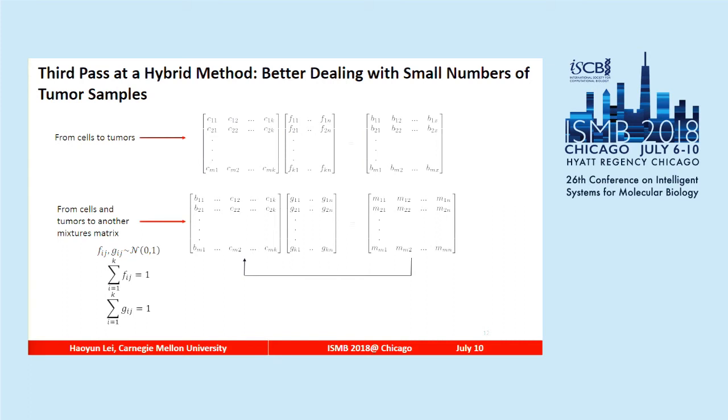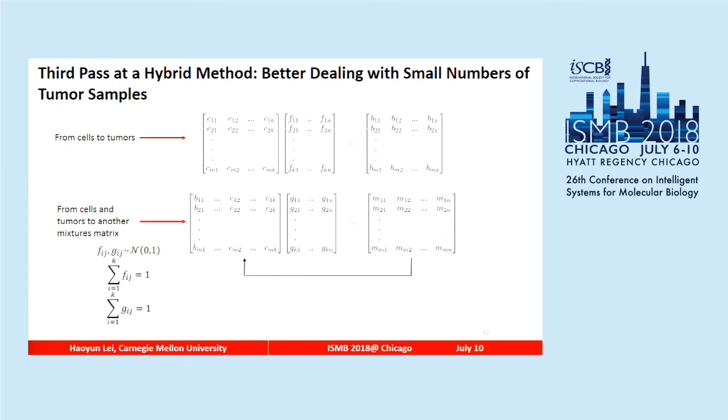Our improved matrix decomposition method for bulk tumor deconvolution can work well on very large-scale data sets, but it's unrealistic to have so many tumor samples in the real world. To resolve this problem, we developed another way to simulate the tumor samples in two steps.